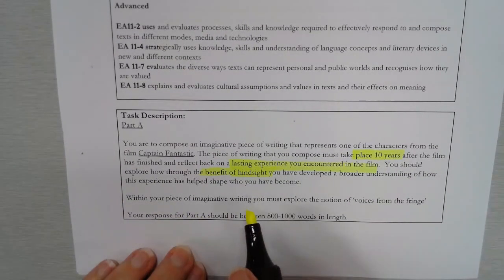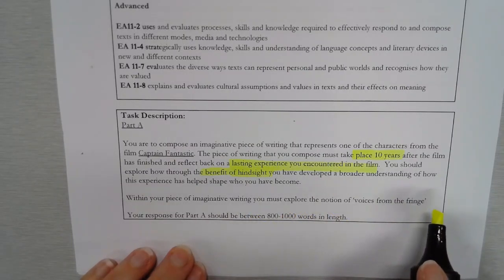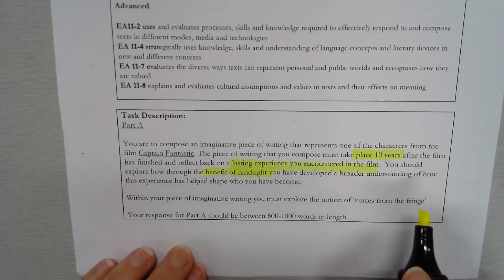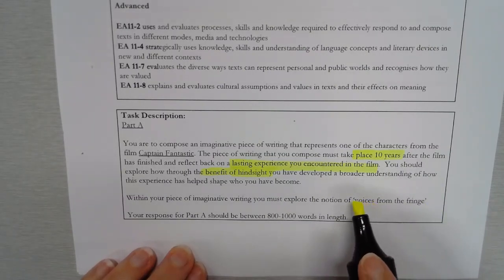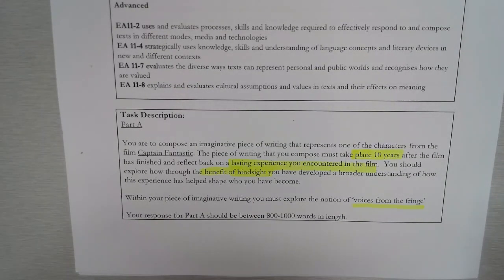Within your piece of imaginative writing, you must also explore the notion of voices from the fringe. So you've spent quite a lot of time this term exploring that concept of voices from the fringe. So what in terms of the characters have meant that they're perhaps still being represented or reflected as being on the fringe, or have they had the ability through their hindsight of the experiences that they've encountered?